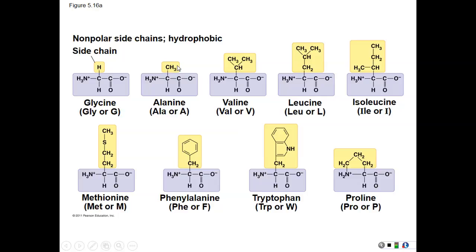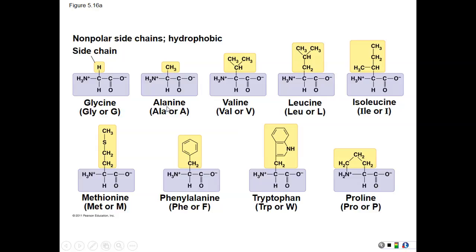I gotta come up with something for a fifth choice. That methyl group, that means it's part of a hydrophobic amino acid, right? That's all you really need to get in your head to do well in this class, including working on the first test.